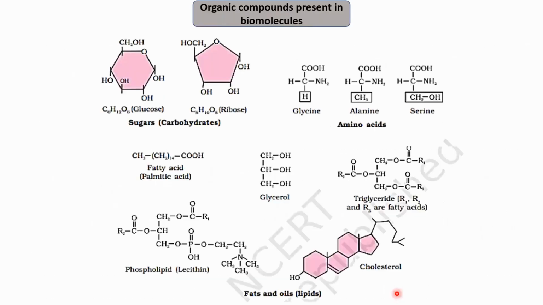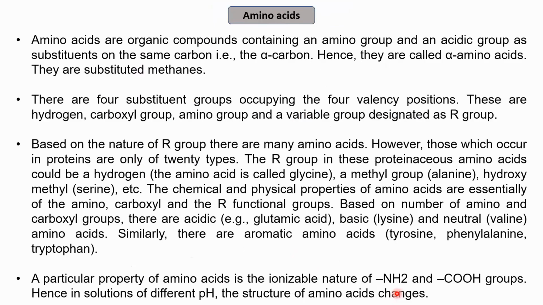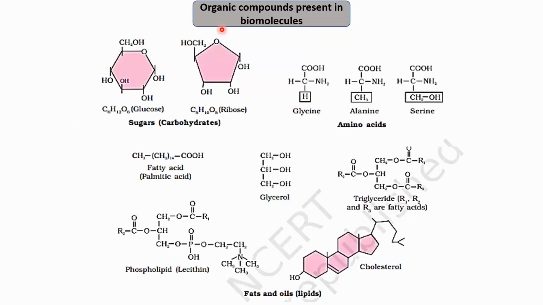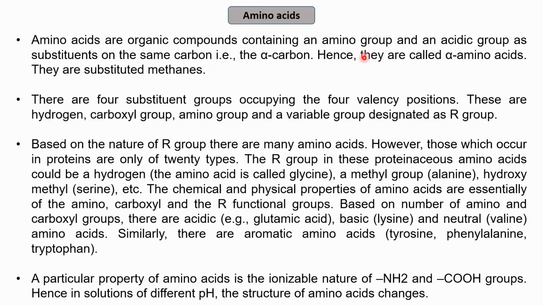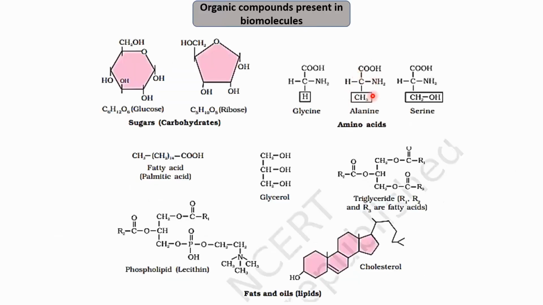So starting one by one with each of these, the first one is amino acids. Amino acids are the organic compounds that contain an amino group and an acidic group as substituents on the same carbon. As we can see in this figure, in amino acids, for example, in glycine, alanine, or serine, if I take alanine, we can see that we have an amino group and an acidic group like COOH which are attached on the same carbon.